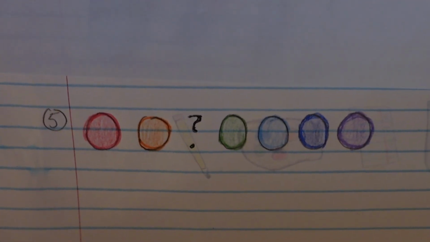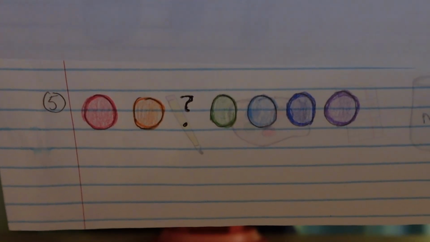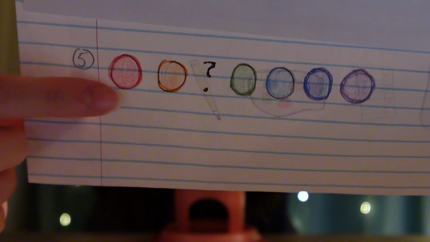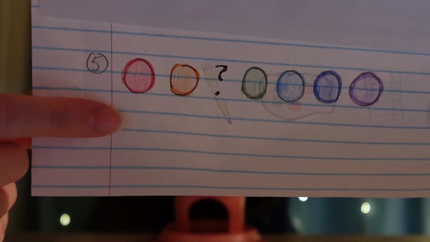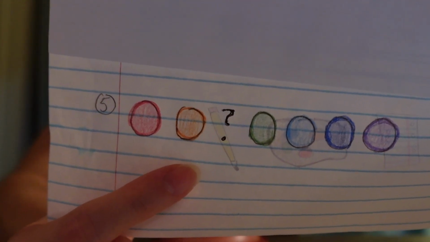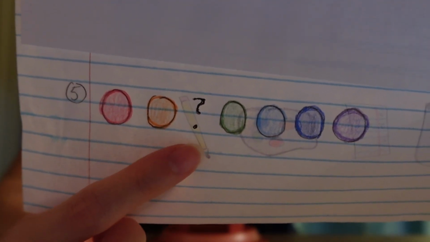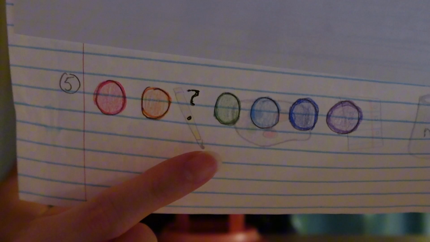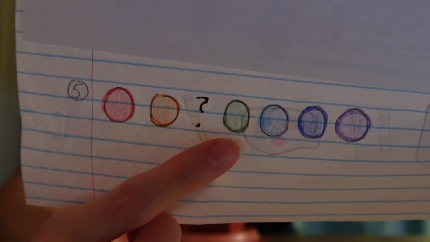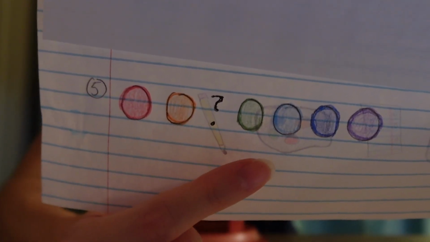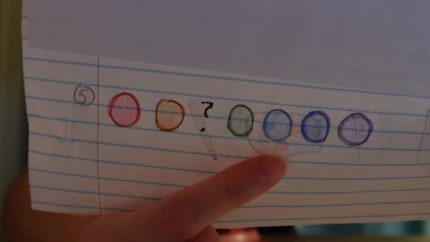Okay, now for this question again. What is missing? We have a red circle, an orange circle. We're missing a circle, a green circle. Blue.